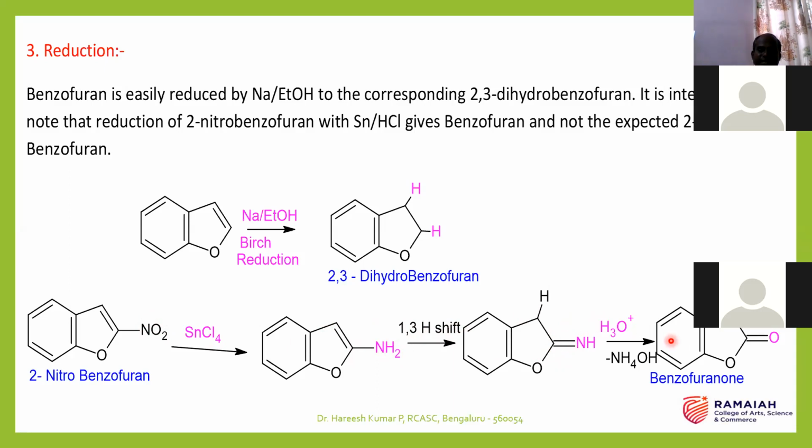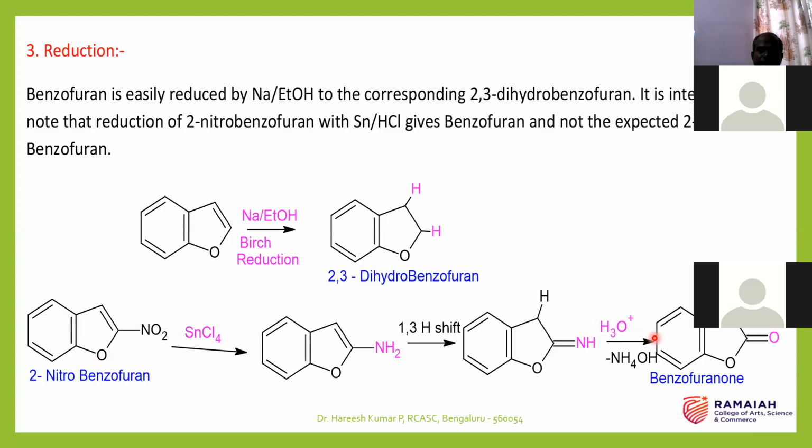Why is it interesting here? When the reaction is carried out, more particularly 2-nitro-benzofuran treated with tin in HCl, the expected product is 2-amino-benzofuran, but the obtained one is benzofuranone. That is interesting while doing reduction of nitro group in benzofuran.